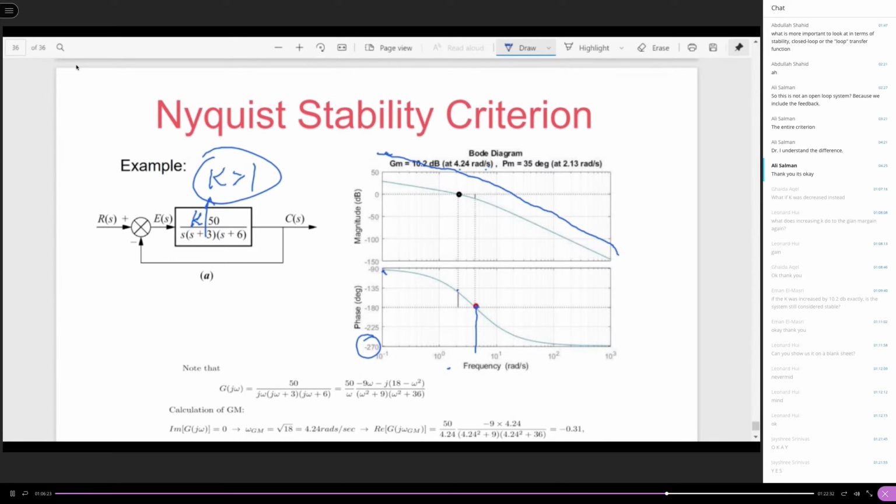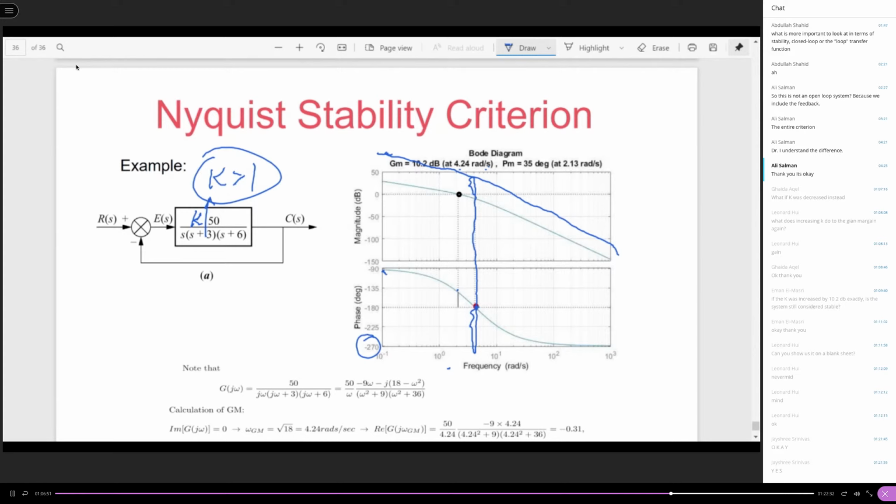Now if this crossover frequency does not change and you raise the magnitude plot like that, you can see what happens to the gain margin. You could raise the plot above the 0 dB, so your gain margin becomes negative.